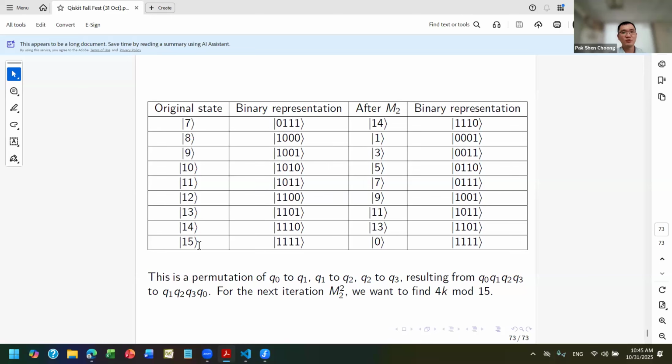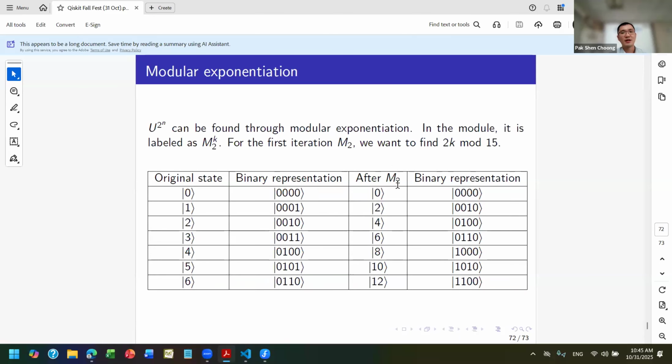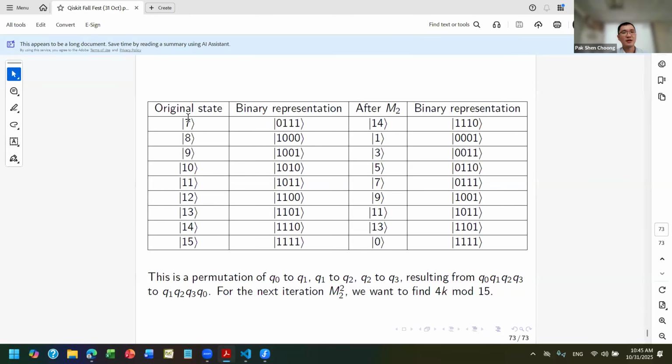Convert from 0 to 15 into the binary representation, and then you perform 2k mod 15 to your original state. So the 0 state does nothing. 1 becomes 2, 2 becomes 4, 3 becomes 6, 6 becomes 12, and then 7 becomes 14. 2 times 8 is 16, mod 15 becomes 1. 2 times 9 is 18, mod 15 is 3.